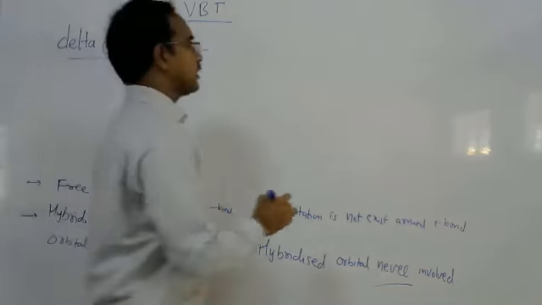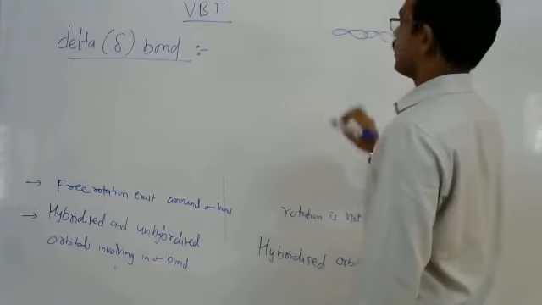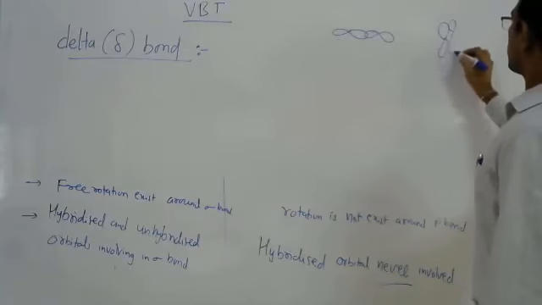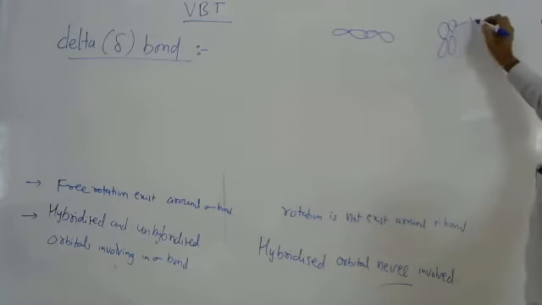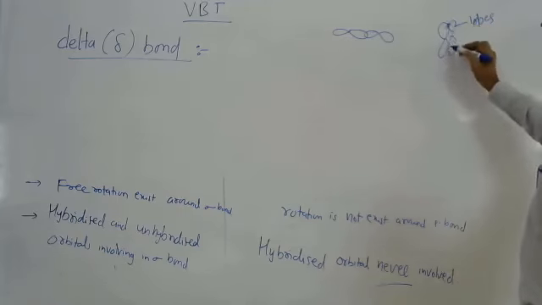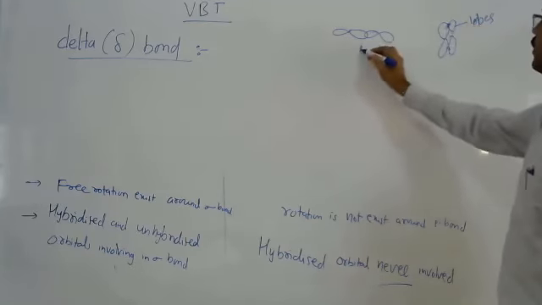See, till now what all we have seen: a sigma bond is like this, axial overlap. A pi bond is like this. See here, two orbitals, these are called lobes. Here two lobes are overlapping, this is the P and P, right?